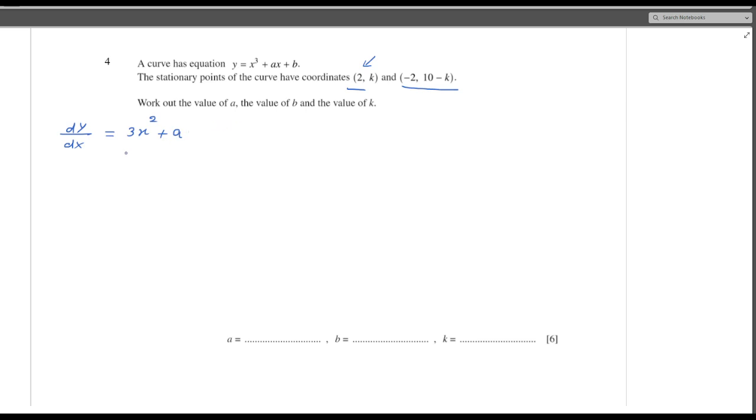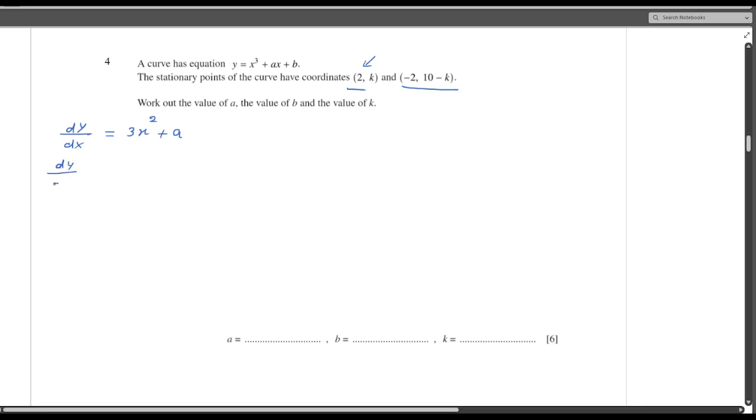For a stationary point we say that dy by dx is equal to 0. Now this will give you 3x square plus a is equal to 0. This will give you 3x square is equal to minus a, and this will give you x square is equal to minus a divided by 3.